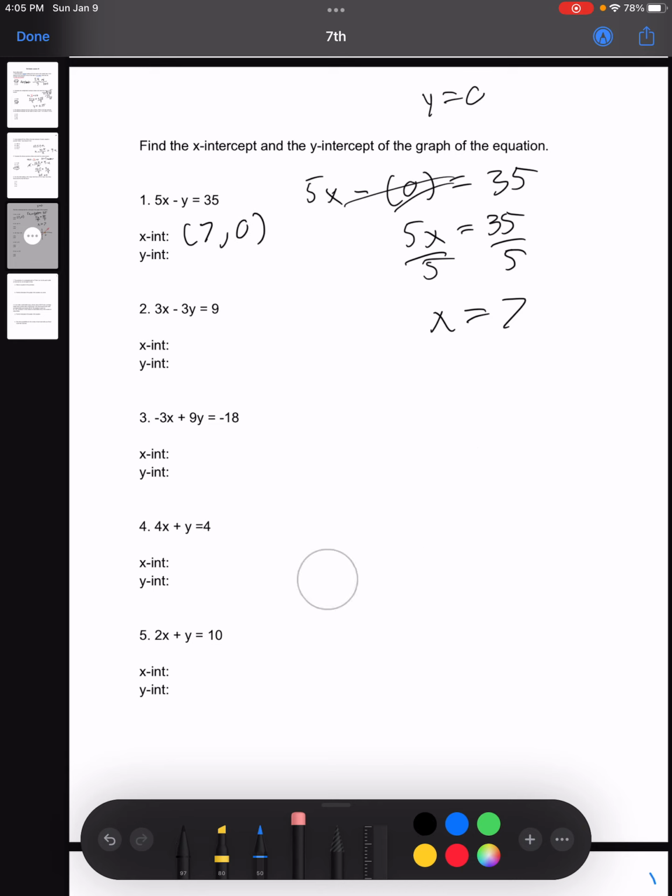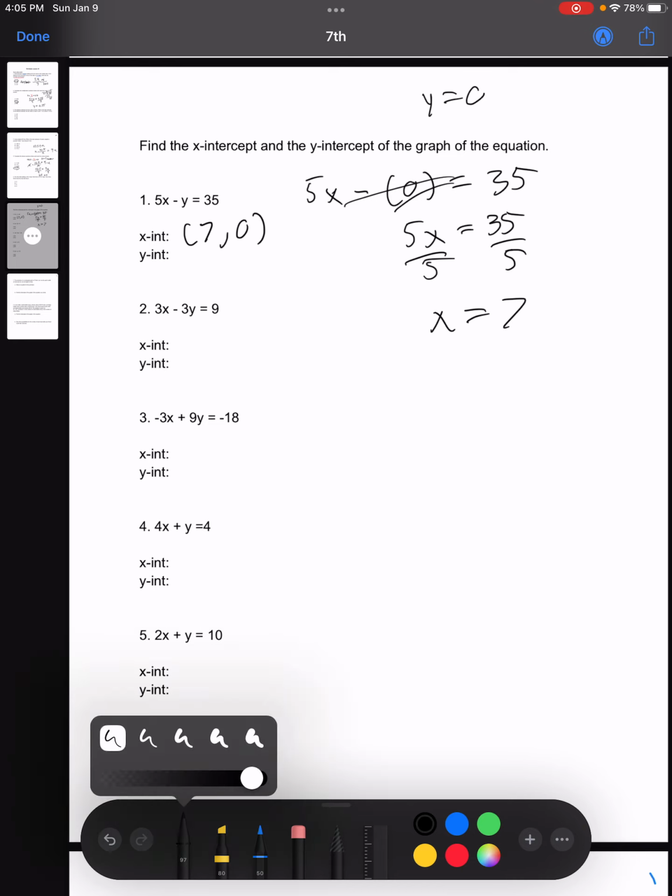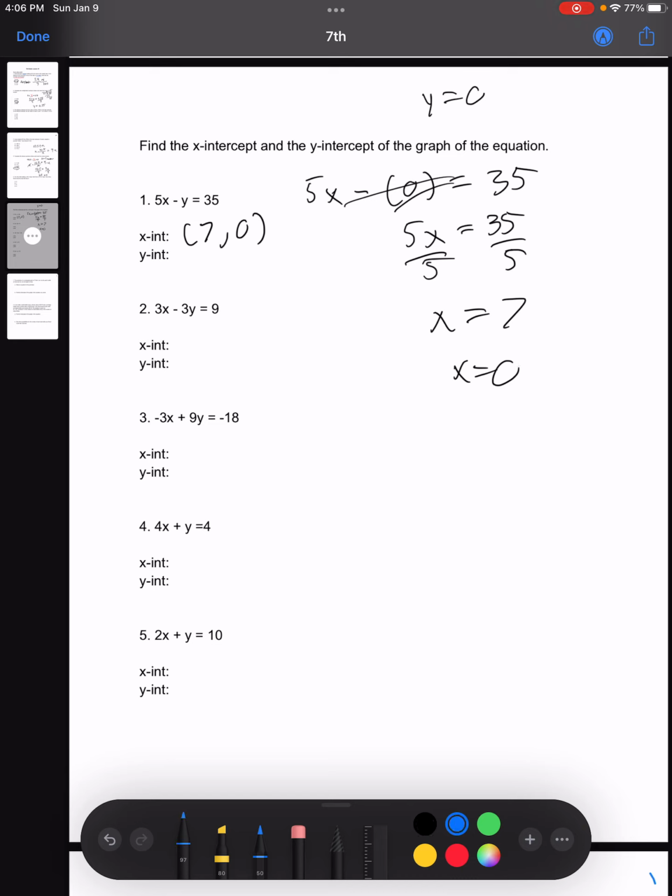And it's essentially the same process for the y-intercept, but this time we set x equal to 0. So if we go ahead and do that, we have 5 times 0 minus y equals 35. Well, 5 times 0 would just be 0, and now we have negative y equals 35.